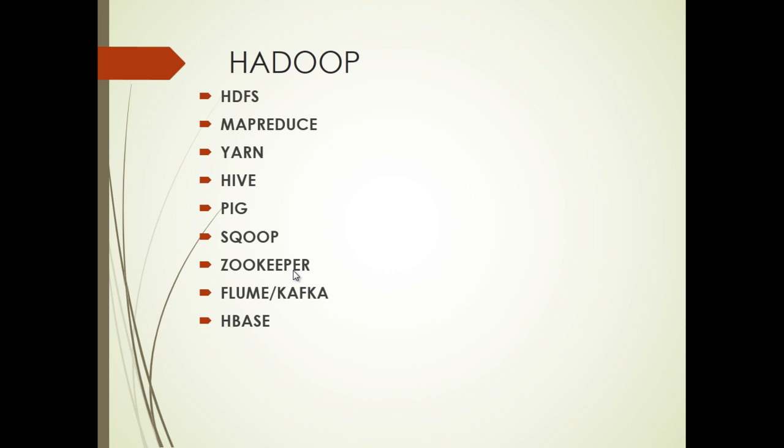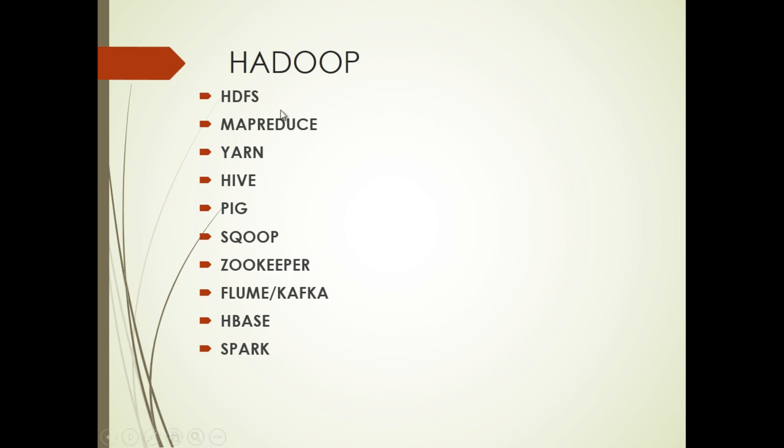And HBase is a columnar oriented database, part of the NoSQL family, and it is used in the Hadoop system. And Spark. Spark is now a hot cake and a very good, advanced-performance tool for processing data.